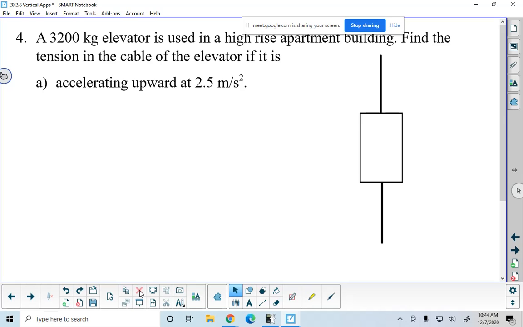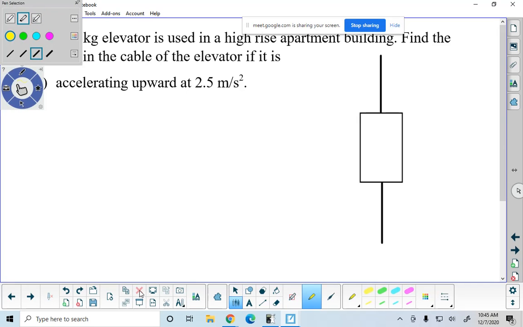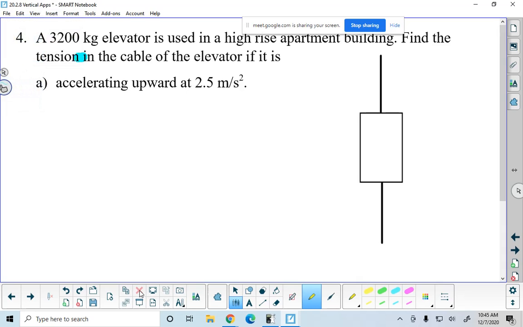So we know the mass, we'll get back to that. We want to find the tension in the cable. The first thing that you have to be aware of is the word tension means applied force.